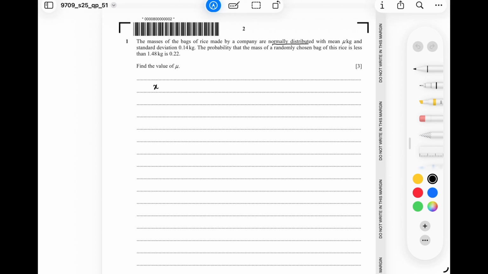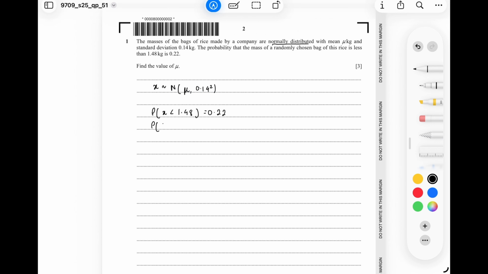We know that x is normally distributed with a mean that we don't know, and this is the standard deviation, but we have to write variance, so we can just square it. So the probability of x is less than 1.48 is equal to 0.22. So first things first, standardize it.